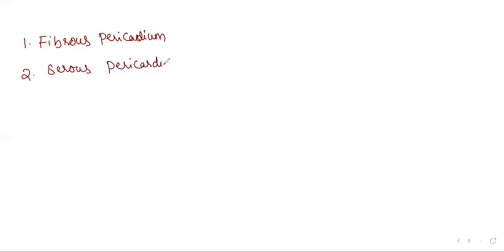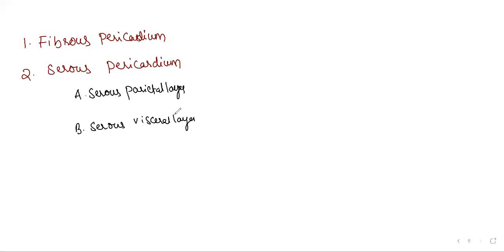The serous pericardium is composed of two layers: the serous parietal layer and the serous visceral layer. In between them, we find the pericardial space, which is filled with pericardial fluid, which prevents the heart from friction.